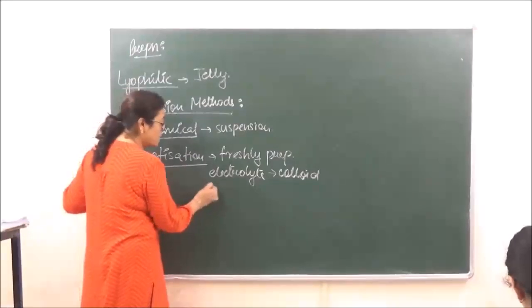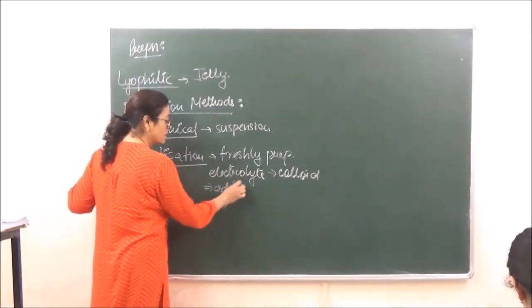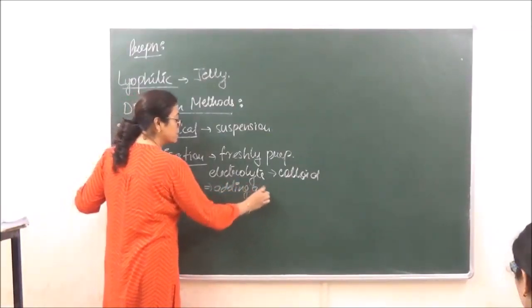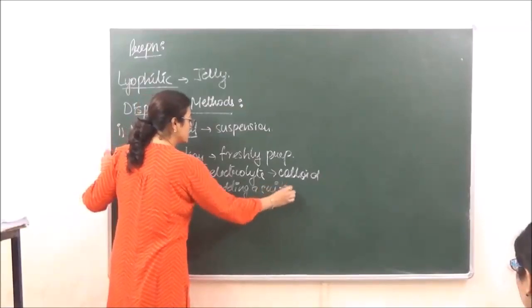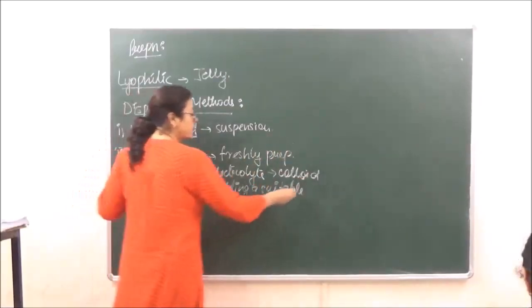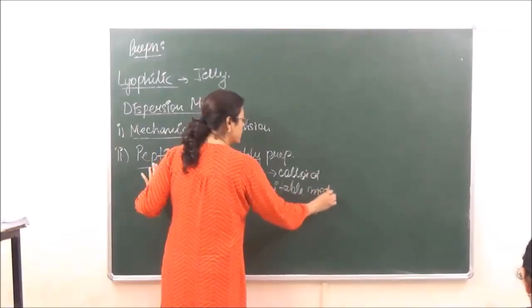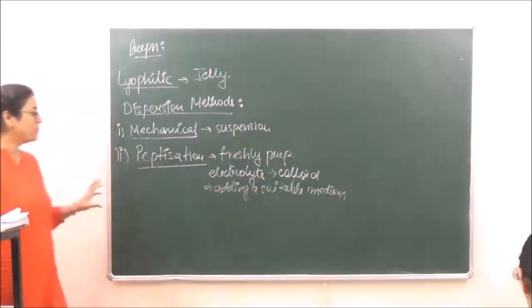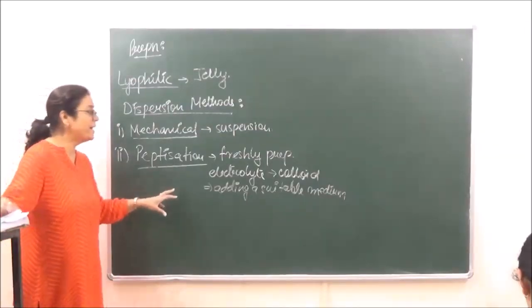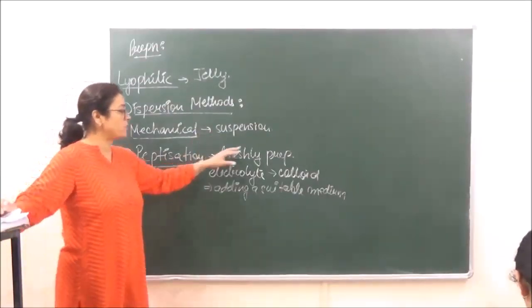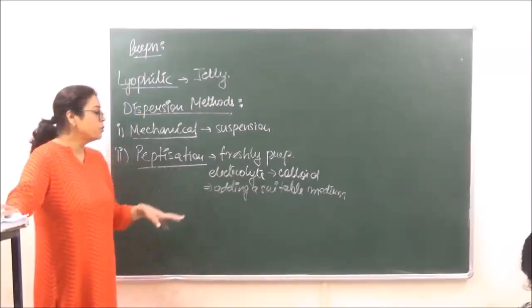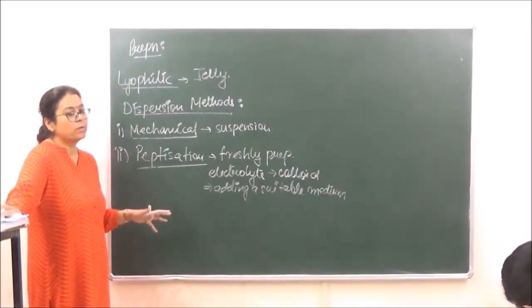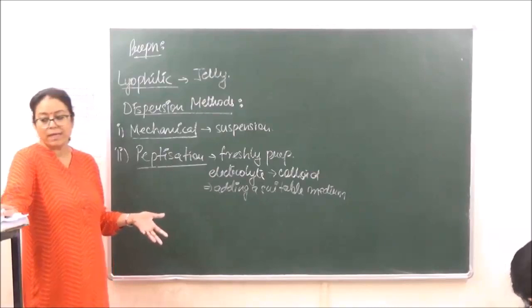By adding a suitable medium. This is what the process of peptization is. So peptization, basically if you define it, is the conversion of a freshly prepared precipitate into a colloid by adding a suitable electrolyte. ठीक है? That is what peptization is.